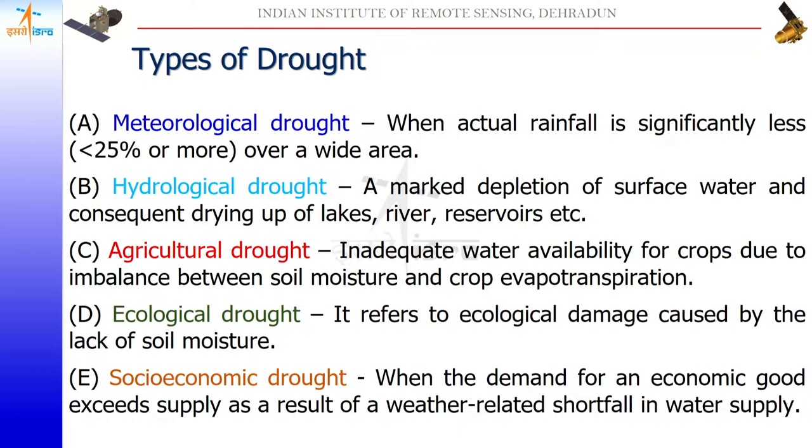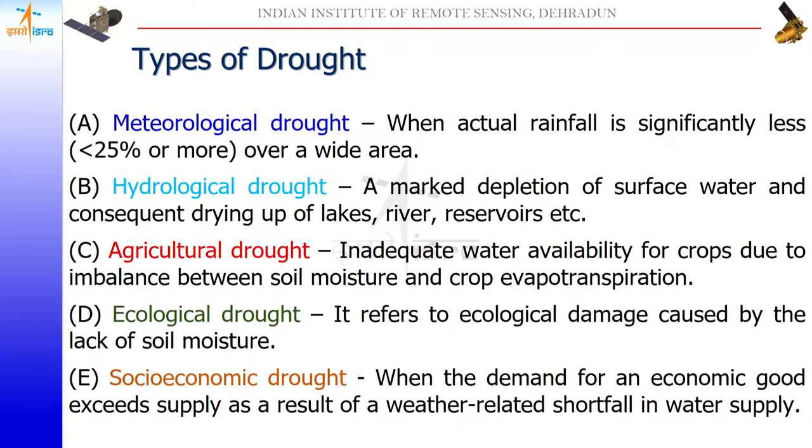Then there is ecological drought, which is also very important because it refers to the ecological damage caused by the lack of soil moisture, in areas such as natural reservoirs or sanctuary parks where wildlife exists.